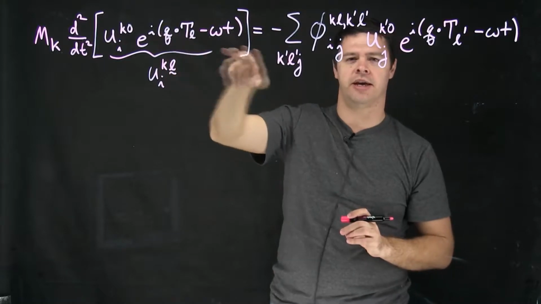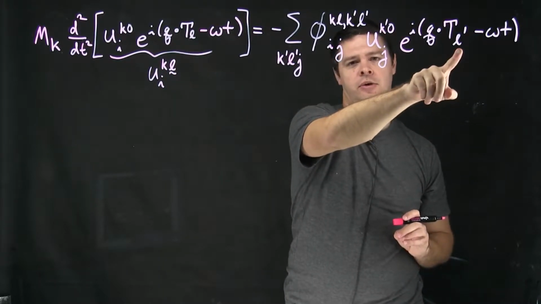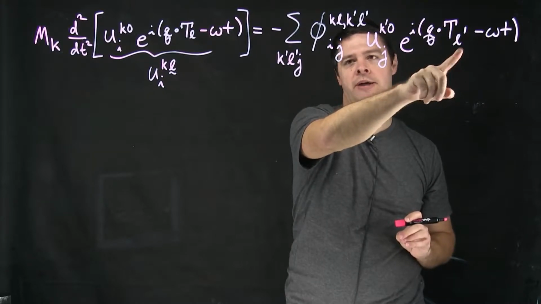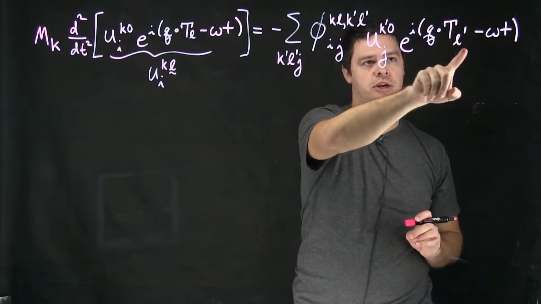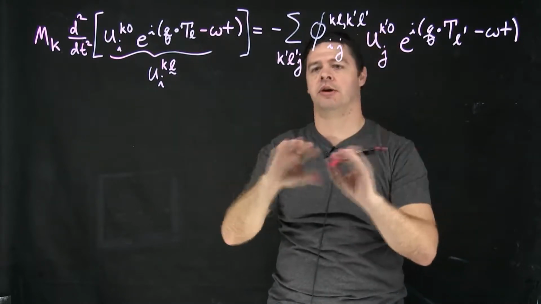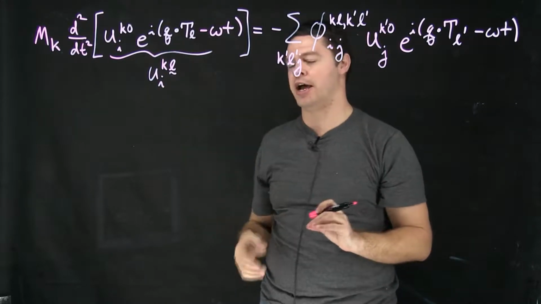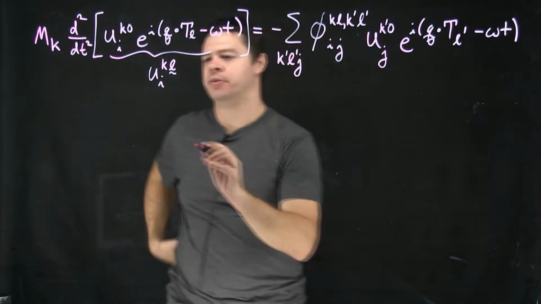I've got something kind of similar over here. The only difference is that the thing over here has a subscript l prime. So the unit cell associated with this translation vector isn't necessarily the same as this one. But I'm going to move that to one side and keep the mass on the other side for the moment.